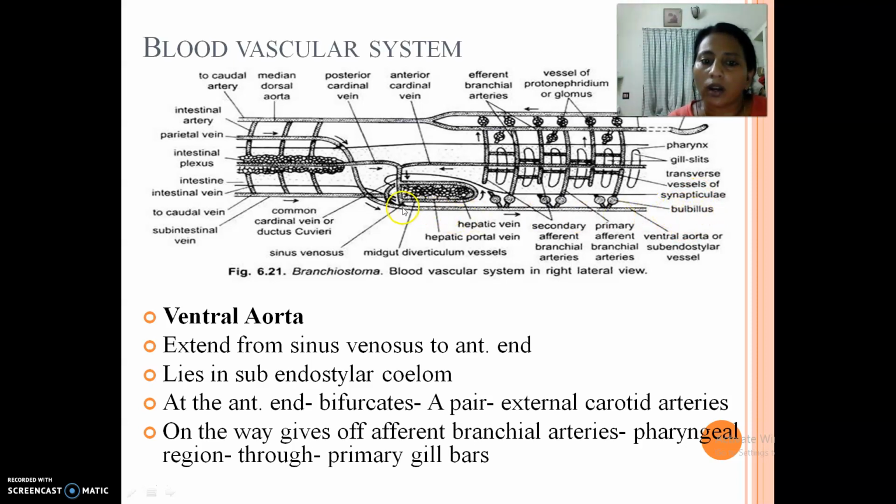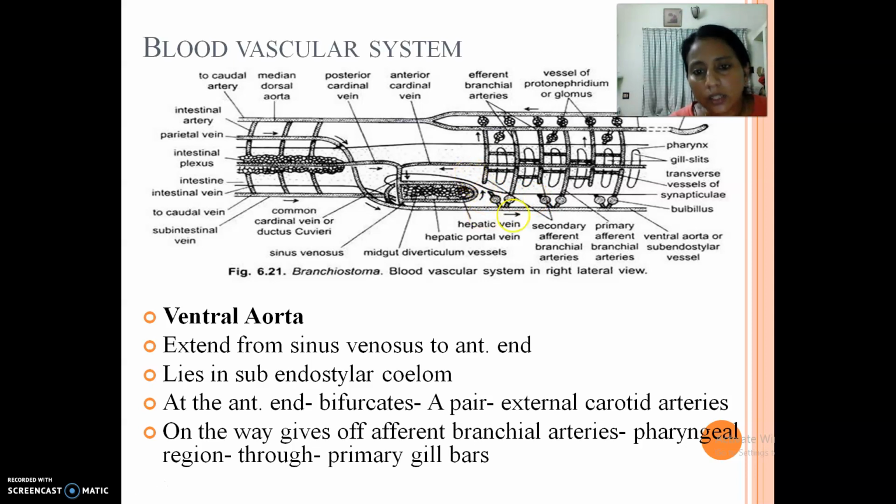On its way, when it passes through the pharyngeal region, it gives off branches to the primary gill bars. These branches are called afferent branchial arteries.